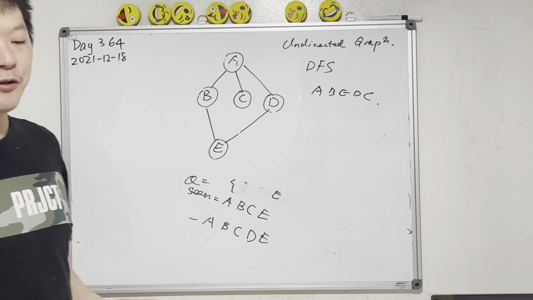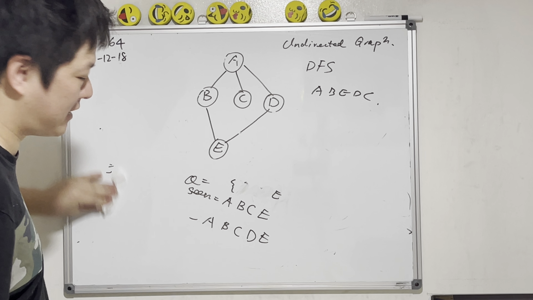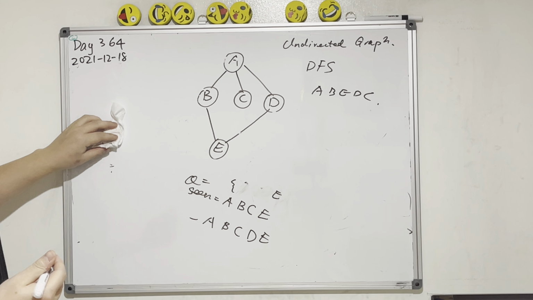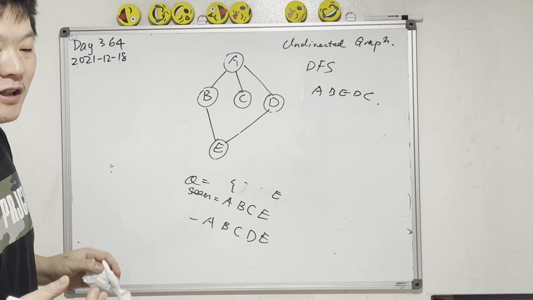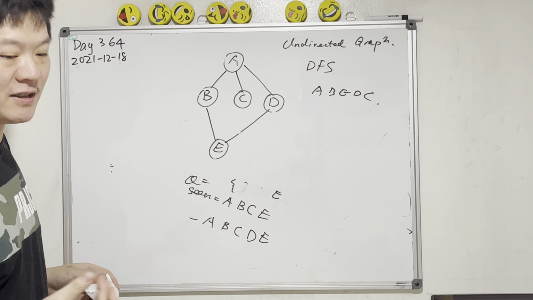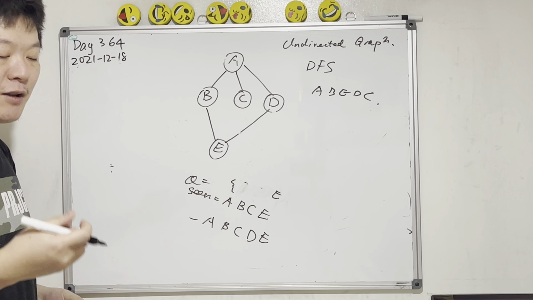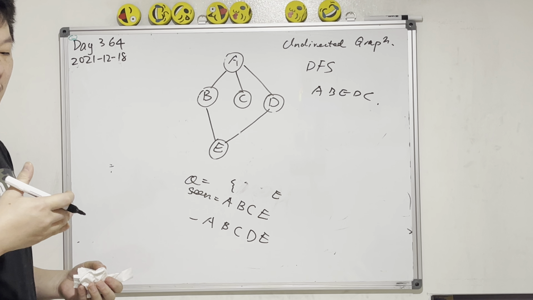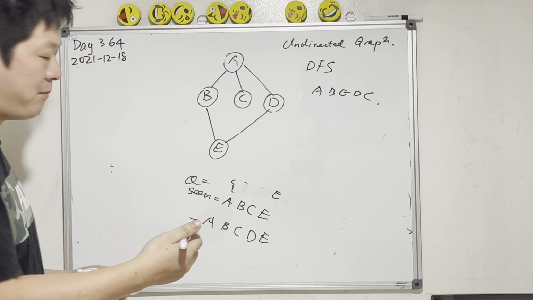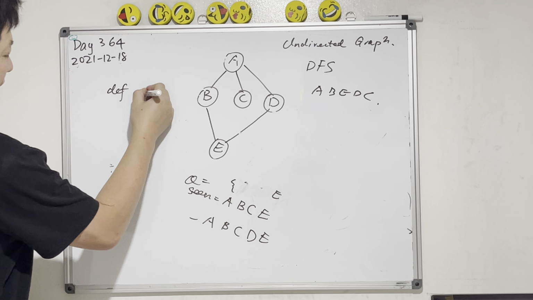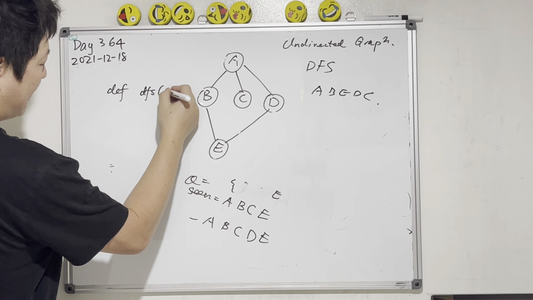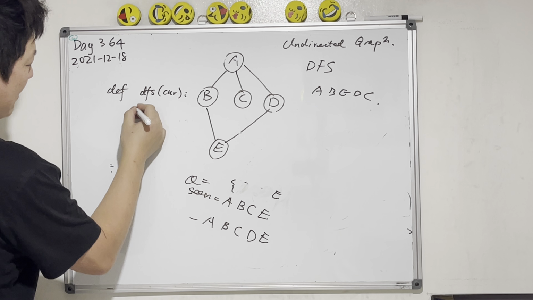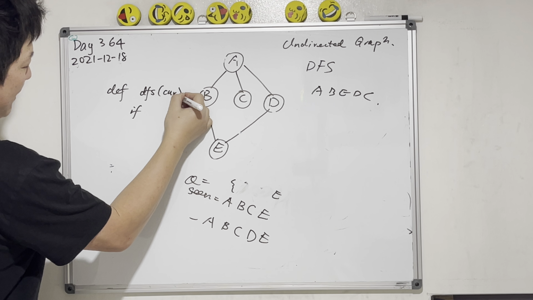For depth-first search, we use a stack, but usually we implement it with recursion and let the computer maintain the stack for us. When we call recursion, the computer pushes the call onto a stack. So define depth search. We are currently at current. There's a seen set somewhere; we can put it in the parameter or here.